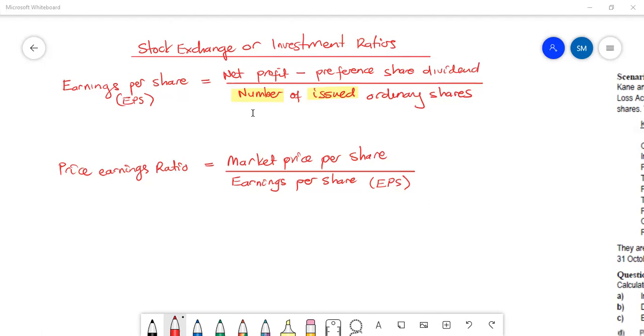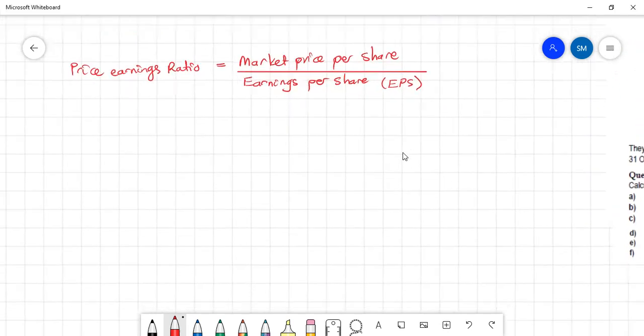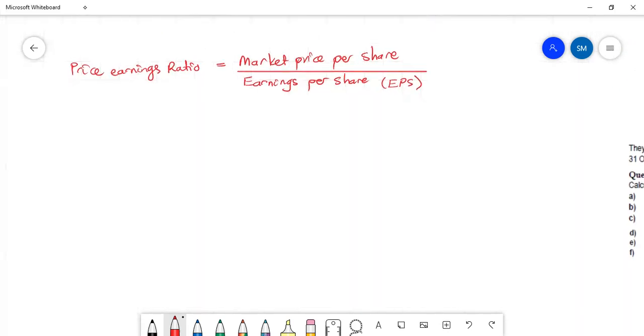And then we go to the next ratio, which is the dividend yield. Remember, we said when shareholders invest in a company by providing share capital, they expect a return on the capital that they invested in the business. And that return can come in the form of a dividend.